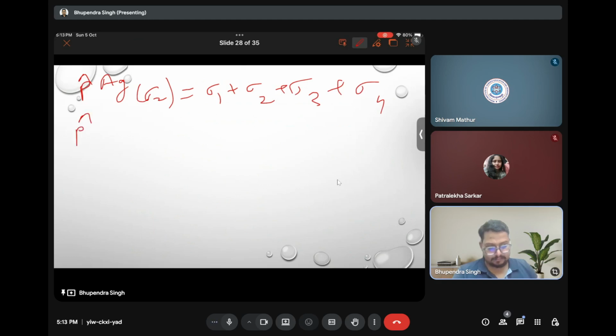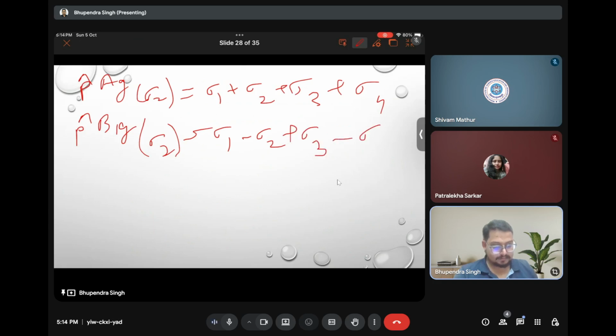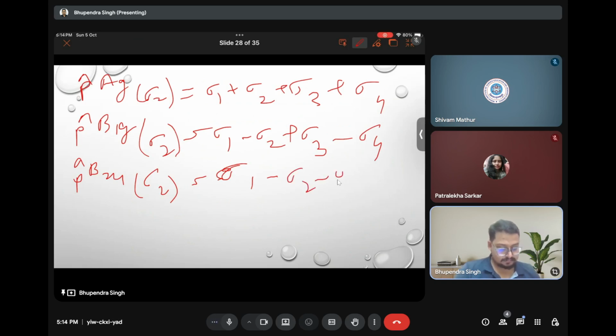The projection operator of V1_z on sigma 2 is sigma 1 minus sigma 2 plus sigma 3 minus sigma 4. We have already got the answer, but I'm just giving you what you will get if you solve it yourself: sigma 1 minus sigma 2 minus sigma 3 plus sigma 4. The answer you have already got.